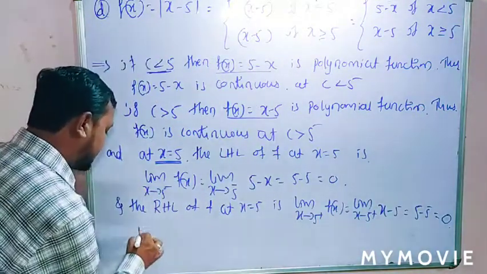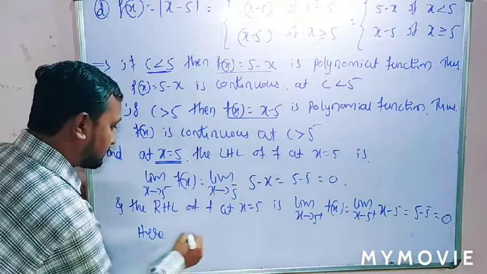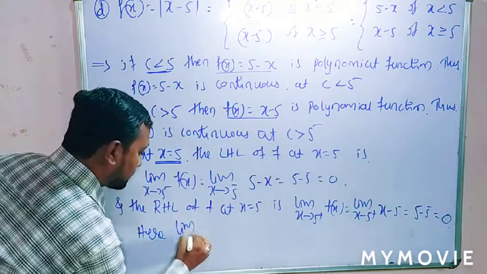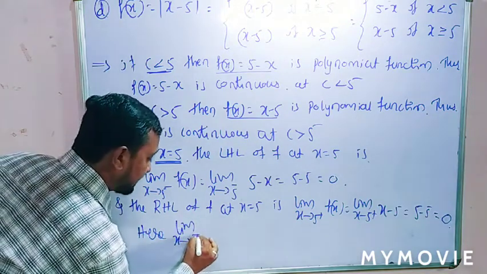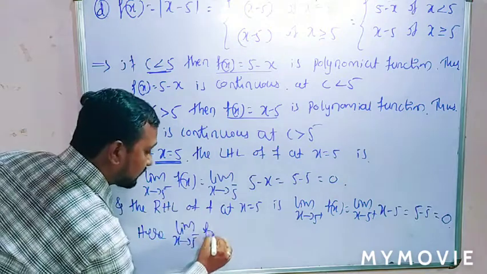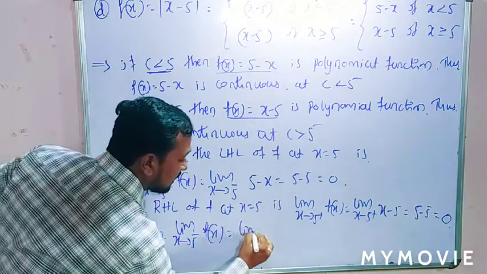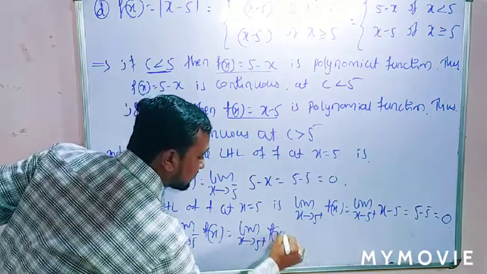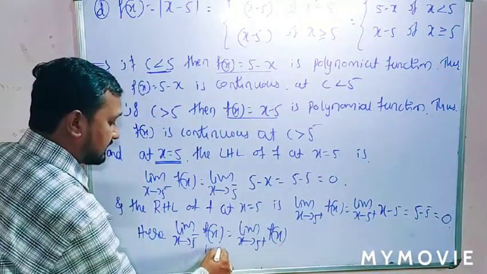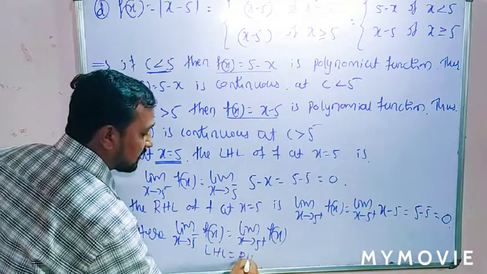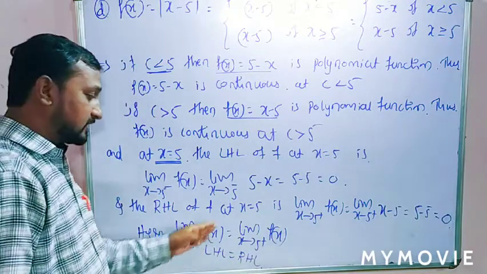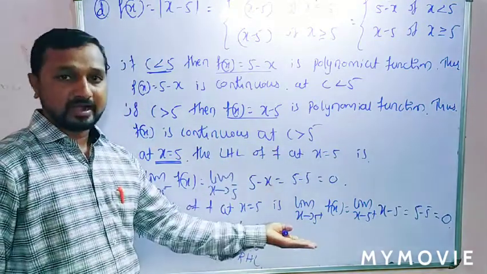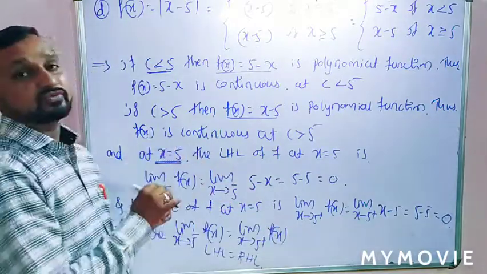So here the limit as x tends to 5 minus, this is LHL, of f of x equals the limit as x tends to 5 plus of f of x, this is your RHL. That is LHL equals RHL. Is that clear? LHL equals RHL, then the function is continuous at x equal to 5.